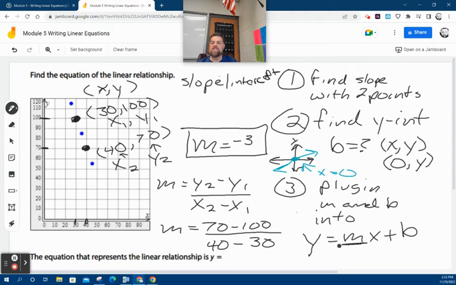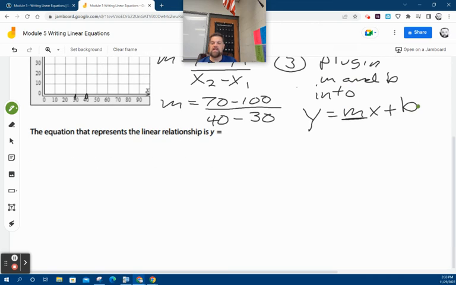I have my slope. What's the next thing I need to find? So we're done with part 1. We found the slope. What do we do for part 2? Yeah, we got to find b. Do I know what b is? No, I got to plug it in. So to find b, this is a little tricky. I start with y equals mx plus b, but I know what m is, so I'm going to say y equals m, what's m? -3, x plus b.